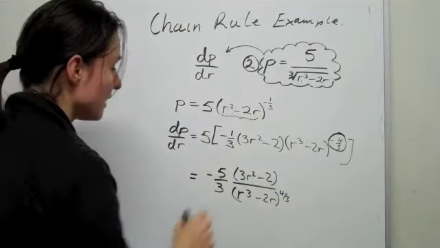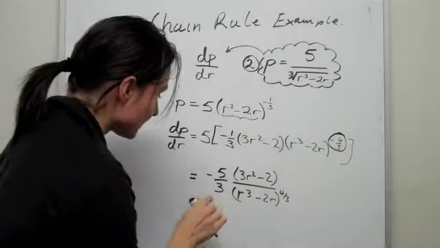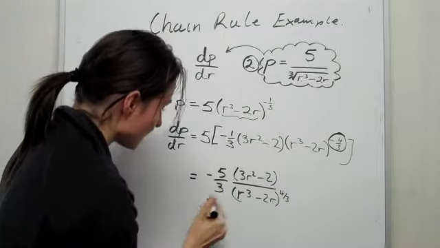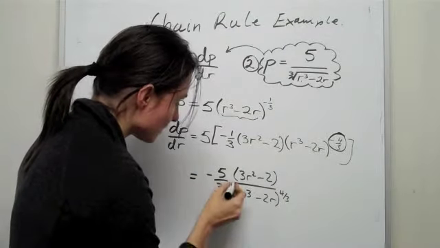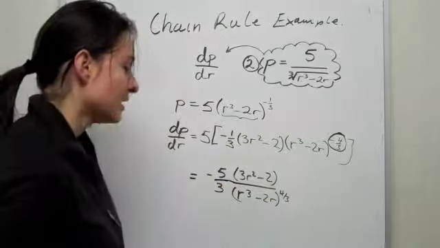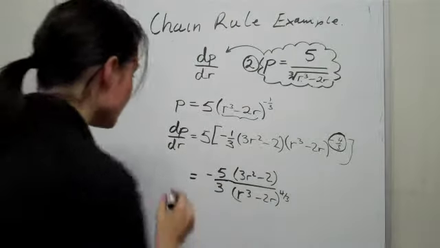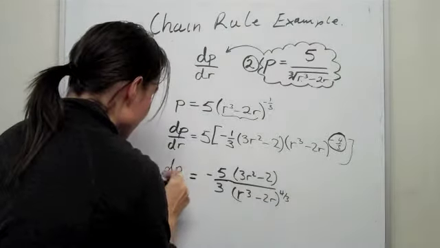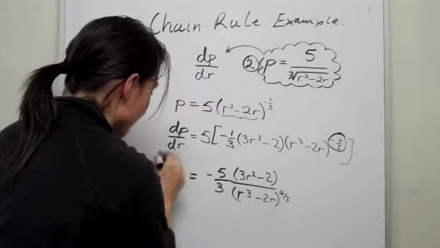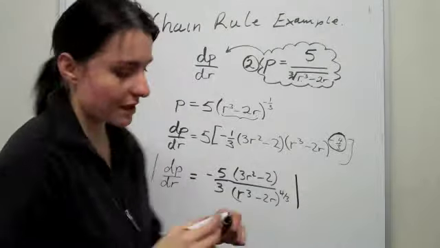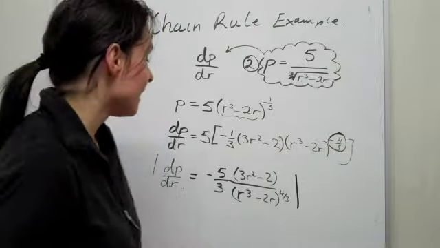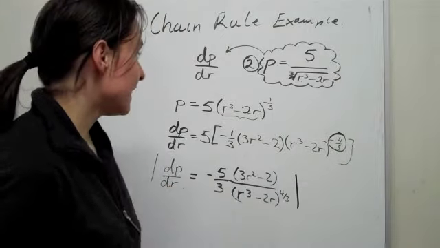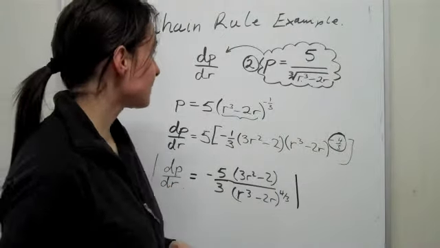Okay, so that can be expressed like this. It really depends on it, these questions aren't too hard, it's just simplifying it in the end that's pretty tricky sometimes. So that's the derivative, and that is the answer to the question.